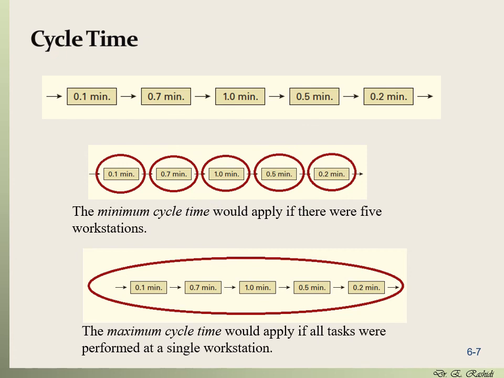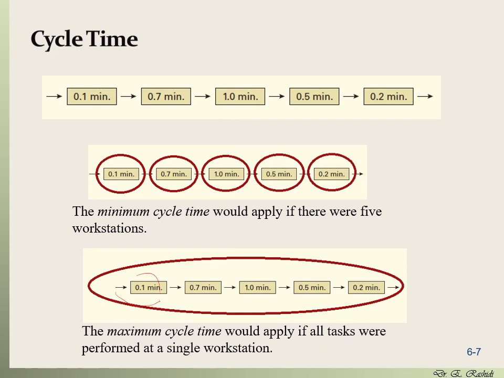The other extreme design is when you bundle all of these tasks together as one workstation and assign one operator to work on this. This design would give us the maximum cycle time possible. The processing time required would be the summation of all the processing times here.